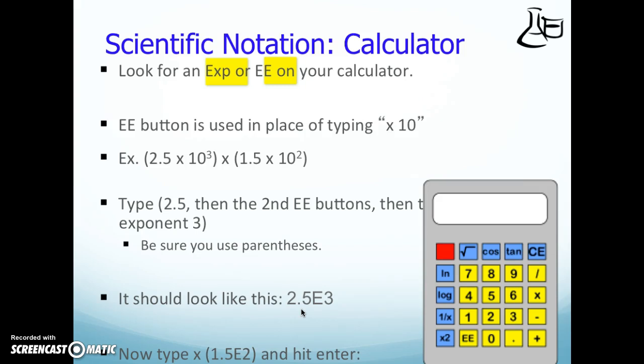That means times 10 to the, can't cut that off. If you're confused about what that means, let's talk about that more in class. But when you see that, recognize that it means times 10 to the, and then whatever number is after the E is what the exponent is following the times 10 to the. So 2.5 E3 is really 2.5 times 10 to the third.